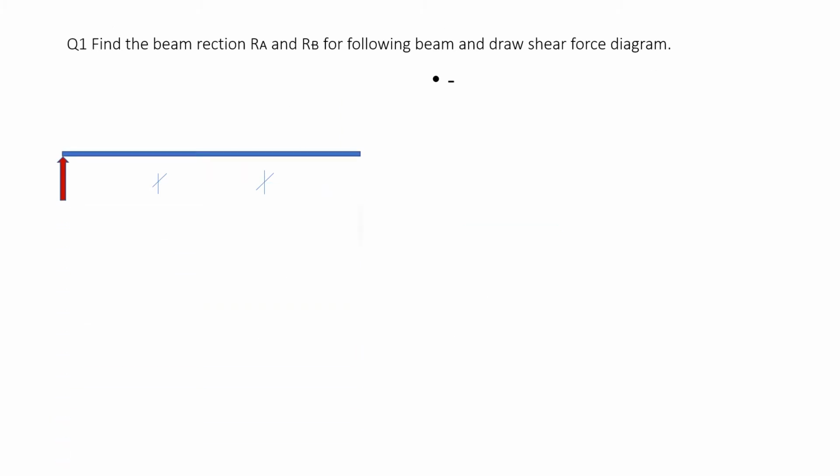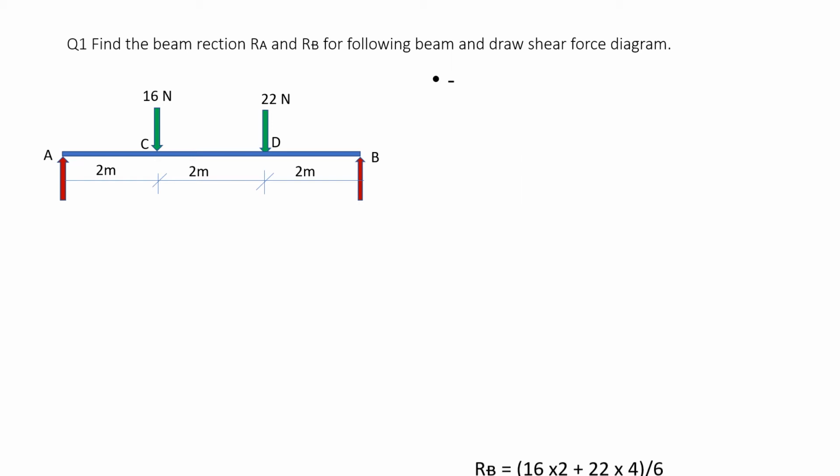Now this is the same beam diagram here, 2 meter, 2 meter, 2 meter, A, B, C, D. At C 16 Newton force, at D 22 Newton force. We do the calculations of RB as done previously. RB is equal to bracket open 16 into 2 plus 22 into 4 bracket close divided by 6.